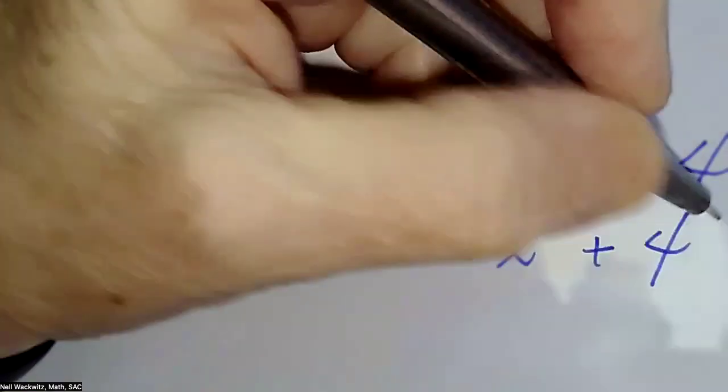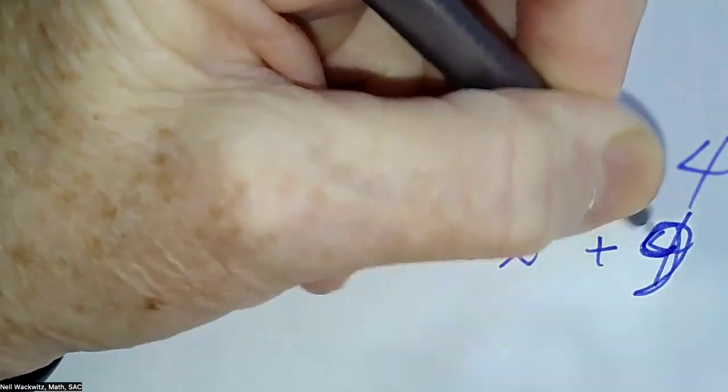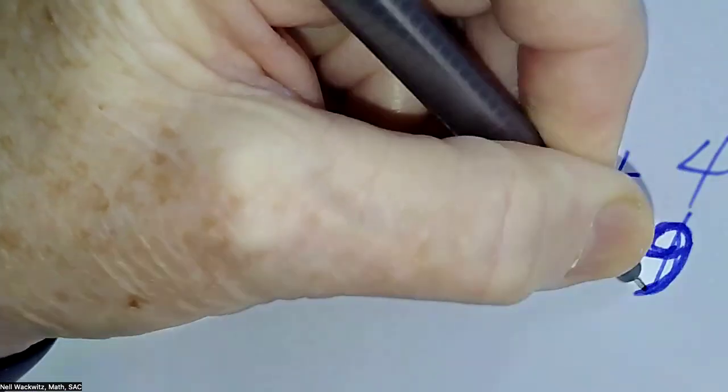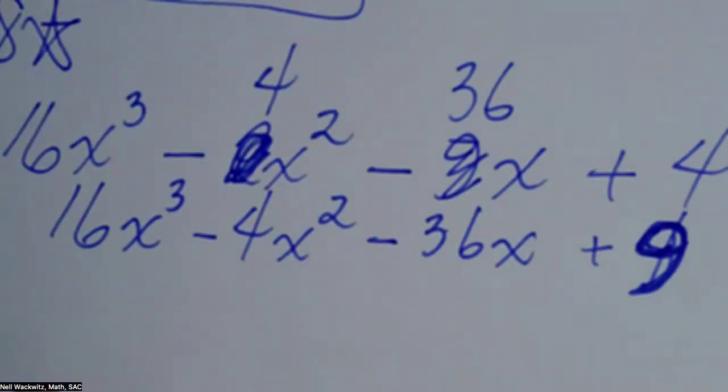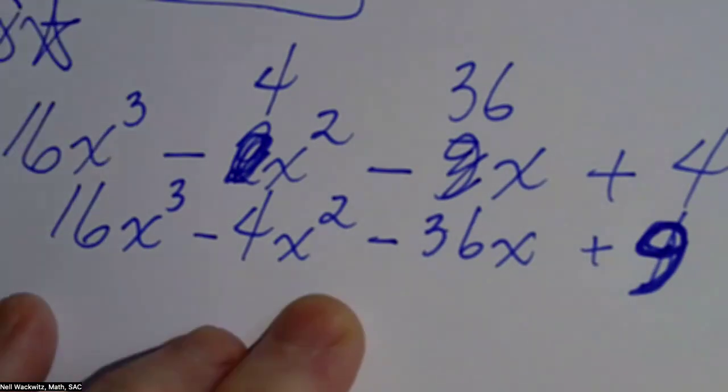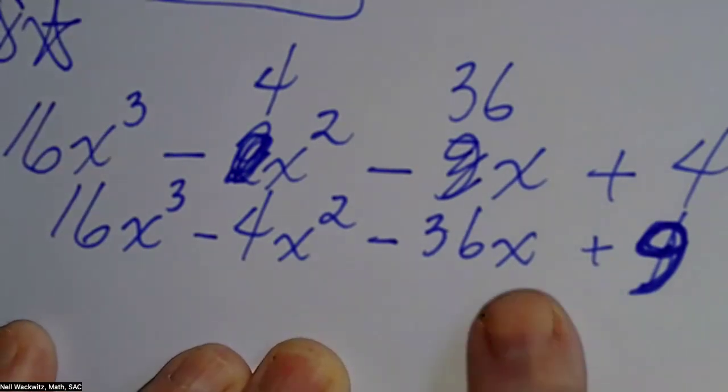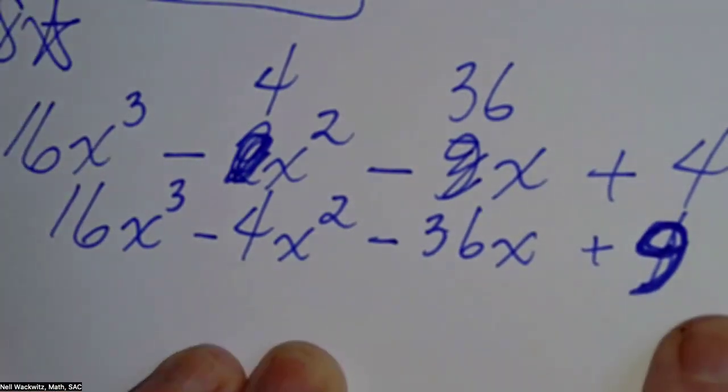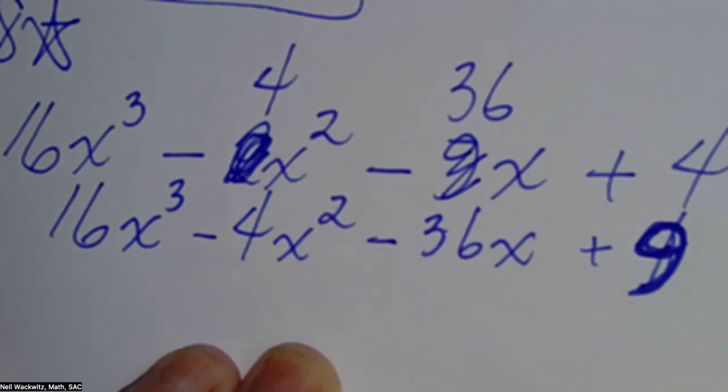Oh, plus 9, that's why it's looking funny. So you're going to factor 16x cubed minus 4x squared minus 36x plus 9.